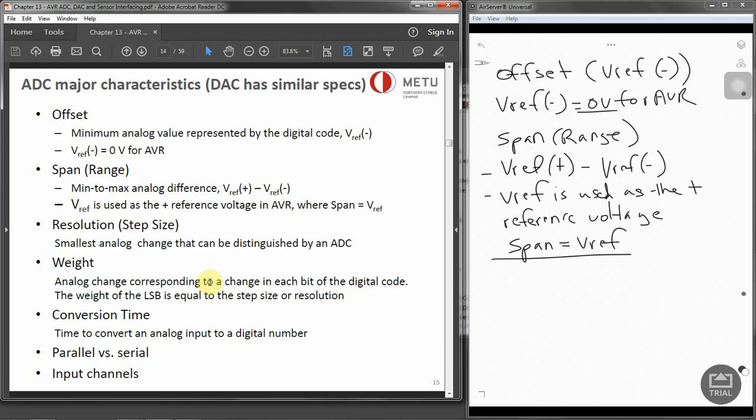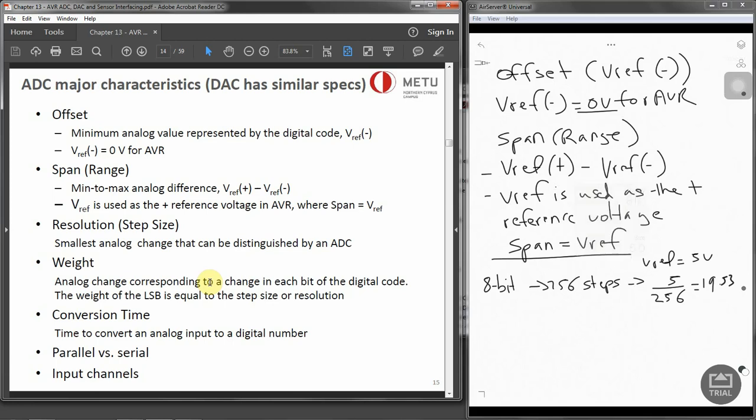For example, 8-bit resolution will have 256 steps, and the step size, if we are talking about a Vref of 5 volts, is going to be 5 over 256, which is 19.53 millivolts.